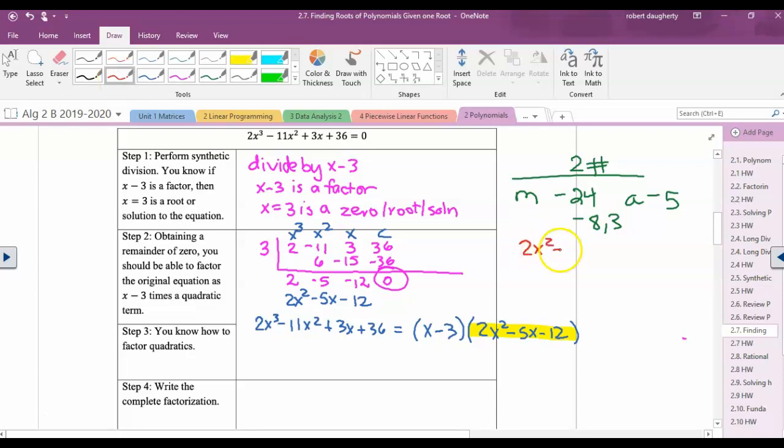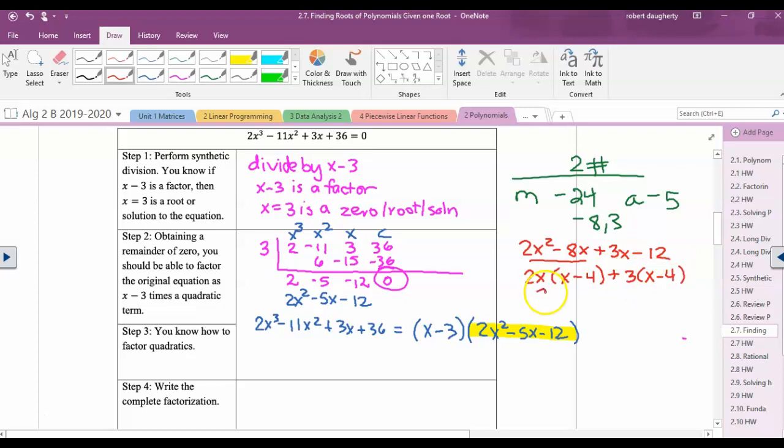Grouping. So 2x squared minus 8x plus 3x minus 12. What do the first two terms have in common? 2x, x minus 4, plus 3, x minus 4.